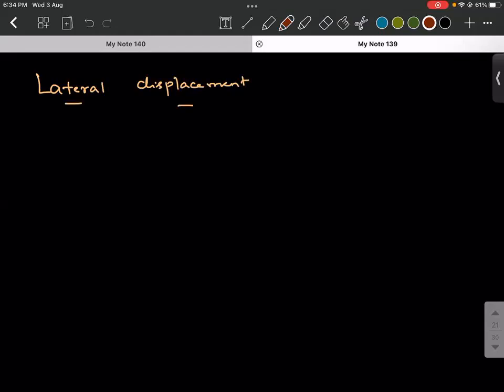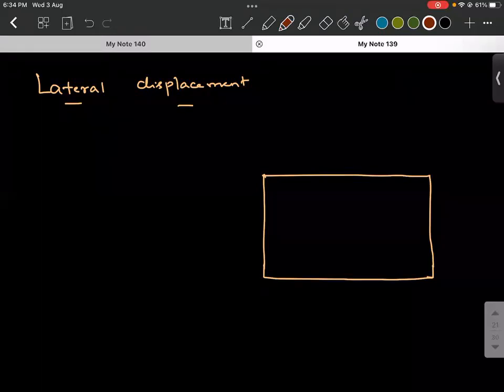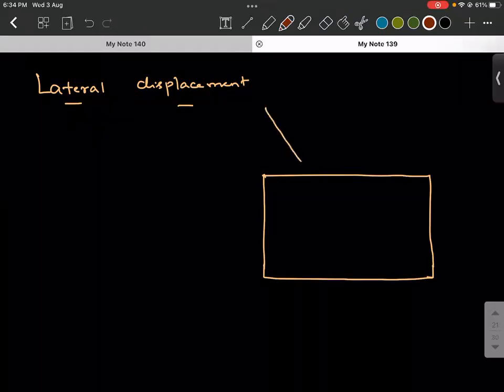Okay. Now, as we saw in the previous concept, we understood that the light ray, which is incident on a glass slab, is getting refracted in such a way that the emergent ray will be parallel to the incident ray. So having said this, our job is to find through what distance the incident ray has got shifted for it to become the emergent ray, and that distance or shift is what we call lateral displacement.